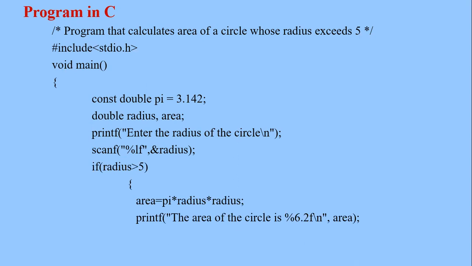The area of the circle is 99.62. And drop to the next line. And then end the computation and the check. And end the program. That's the purpose of that right brace.